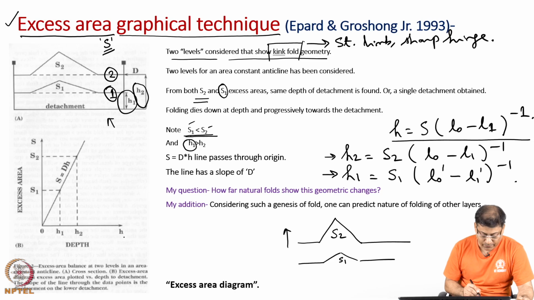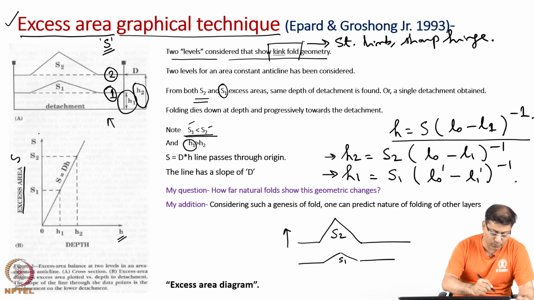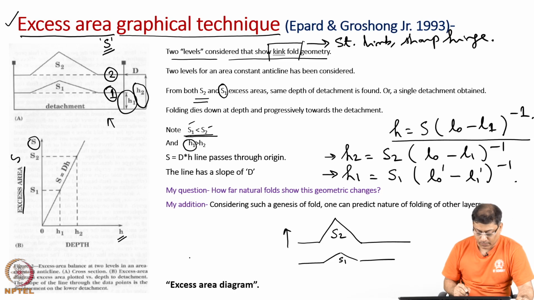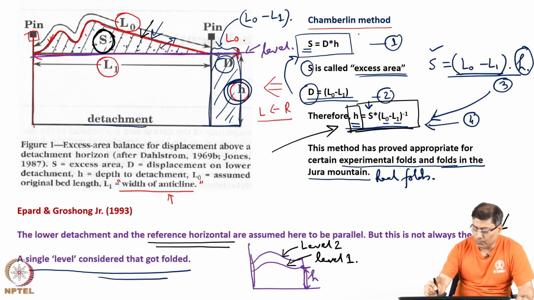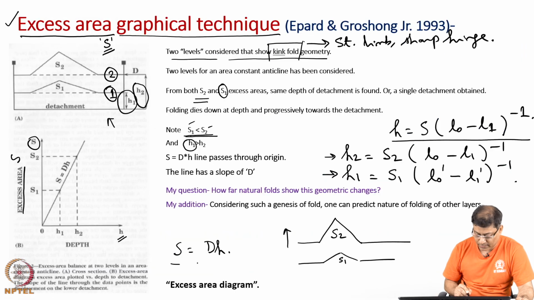Now consider orthogonal coordinate axes, small h, the depth of detachment, plotted along the x axis and the excess area capital S plotted along the y axis. The equation S equal to dH, which was demonstrated as equation 1 in this page, is written here.